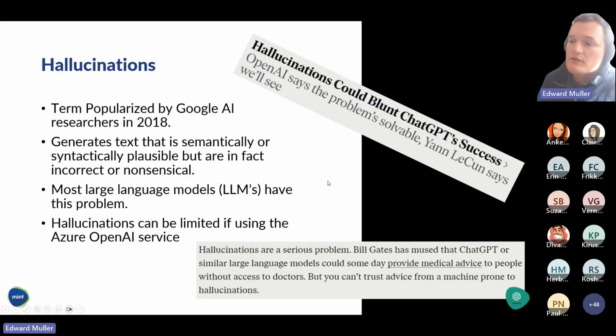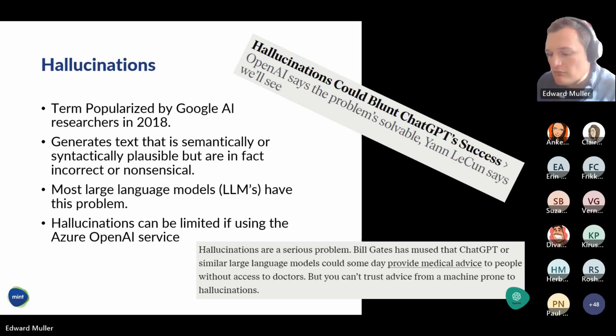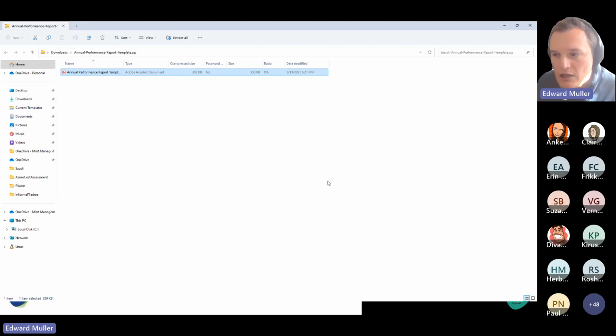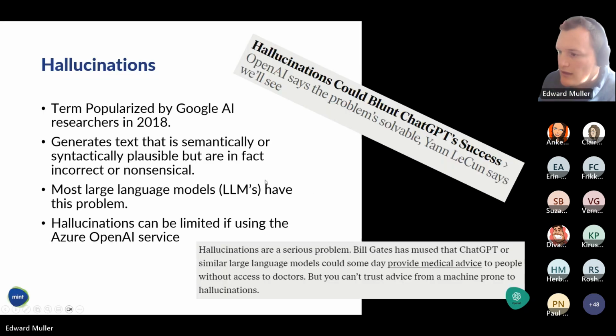So one of the negatives with the GPT models, or basically any large language model, is hallucinations. Because it can generate text so well, it can generate incorrect information that, if you don't know the content or you're not an expert, you would consider to be correct.